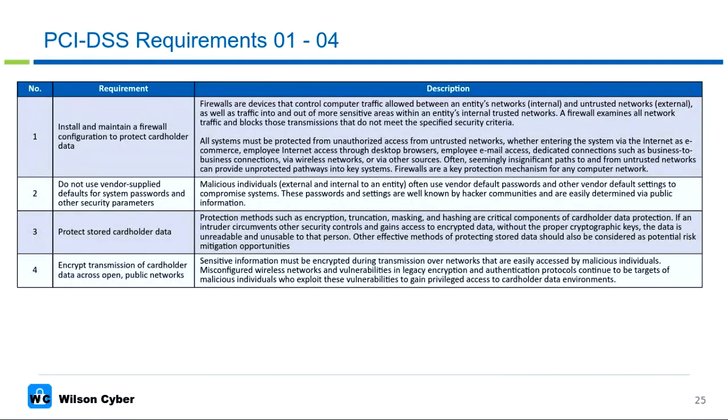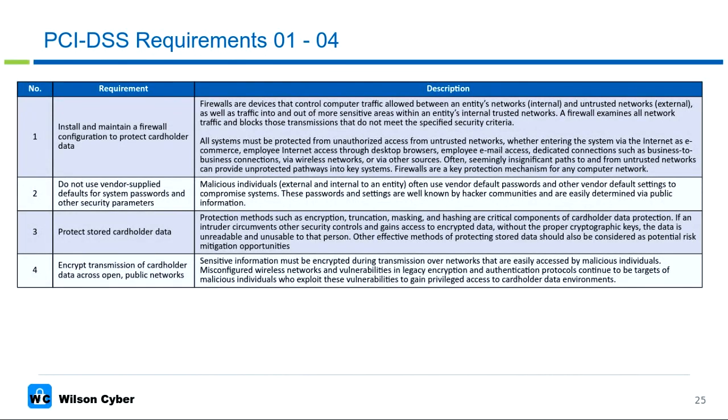All systems must be protected from unauthorized access from untrusted networks, whether entering the system via the internet as e-commerce, employee internet access through desktop browsers, employee email, dedicated connections such as business-to-business connections, wireless networks, or other sources. Often seemingly insignificant paths to and from untrusted networks can provide unprotected pathways into key systems. Firewalls are a key protection mechanism for any computer network.